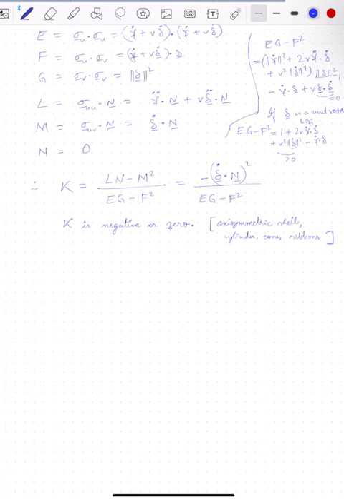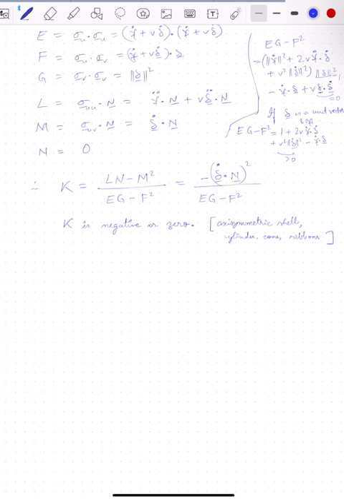So we have tried to derive the expressions for H and K using what we call the first and second fundamental forms. But Gauss had also discovered a way to obtain the Gaussian curvature from the Gauss map itself, right?